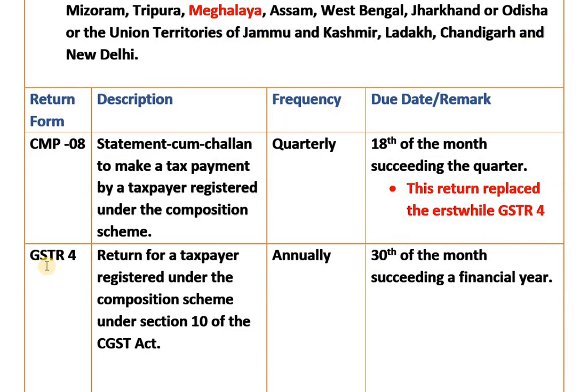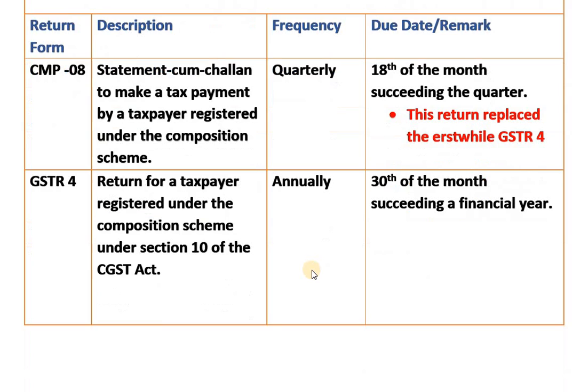While Gstr 4 has to be filed by taxpayers under composition scheme, the frequency of filing this type of return is annually, that means once in a year, and the due date is 30th of the month succeeding a financial year. Clear? Gstr 4 has to be filed only once in a year.